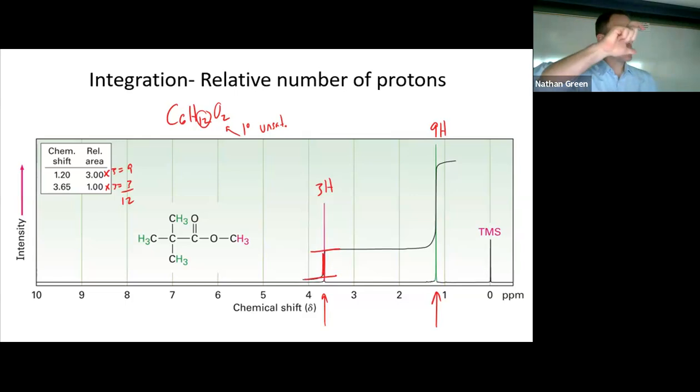You find your smallest unit, which would be this one, and you figure out how many times can I get that to fit into my other signal. So there's my unit. How many times can I get that to fit in over here? Well, by my crappy drawing, it looks like about 3 times, right? So a 1 to 3 relationship is shown by these stair steps.